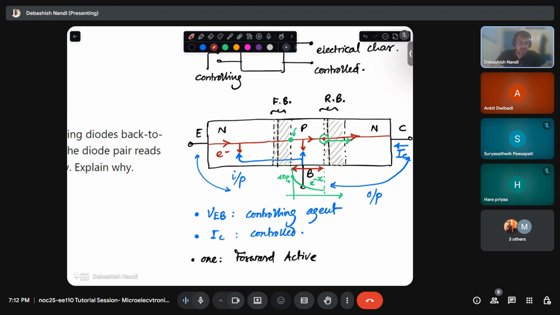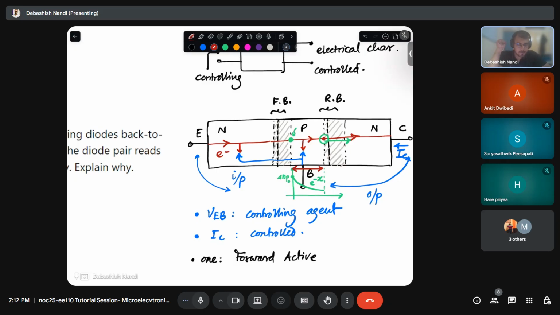That means I do not get any collector current, right? That is not an ideal situation for any sort of transistor action or amplifier. Transistor action will still be there, because my resistance will still change, but amplification will not happen. For amplification to happen, I want most of the electrons injected by the emitter to traverse the base region and reach the collector.